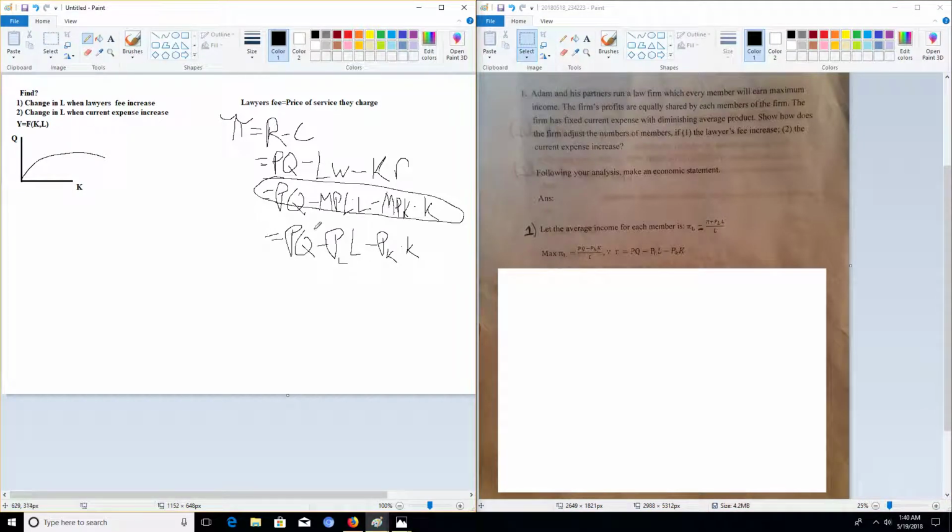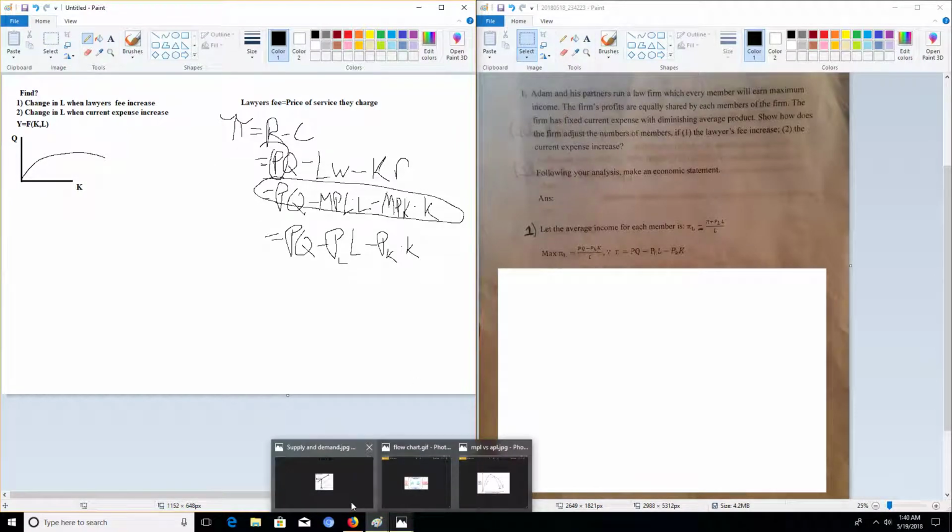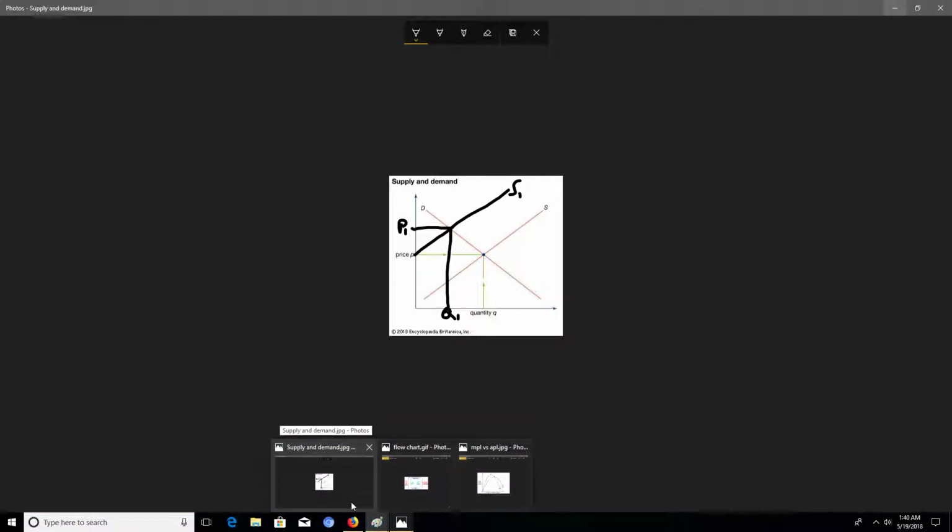Okay, so as I was saying, what is profit, right? I was describing, on a bit of a tangent, how labor and the lawyer's fee, the price of the service they charge, which is this P right here, have a negative relationship. And as I said before, a price increase causes quantity demanded and quantity supplied to fall.